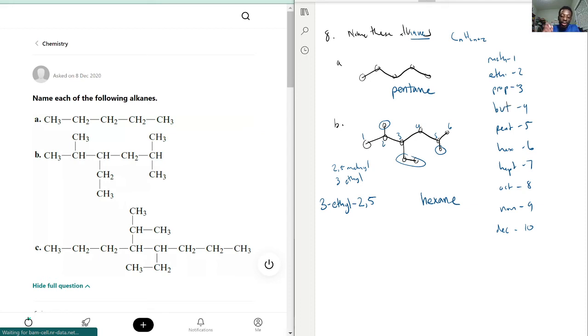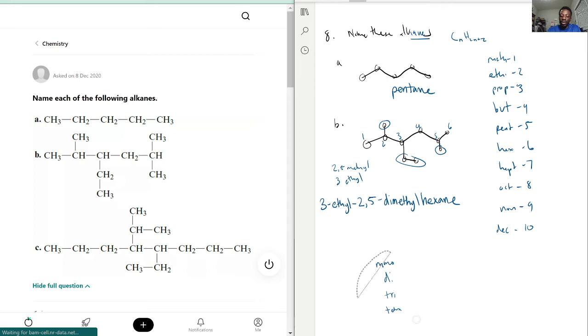So we have 3 ethyl, 2, 5, and now here's, funny enough, another name that we have to remember. We have mono, which is never really used in this case, but we have di, we have tri, and we have tetra. We don't really go further than that typically, but here we use 2, 5, dimethyl.